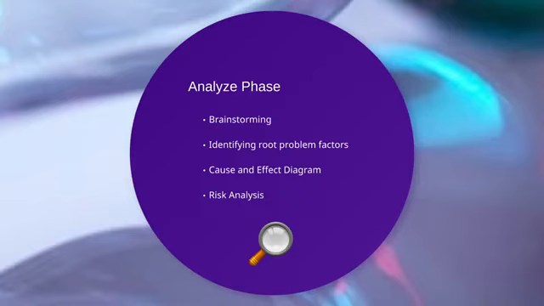Then, of course, we identify the root problem factors, and we make a relationship diagram between the cause and effect of these root causes. And we also make a risk analysis diagram. The risk analysis diagram is very important. It gives the descriptive influence scales of different root causes affecting the current process.